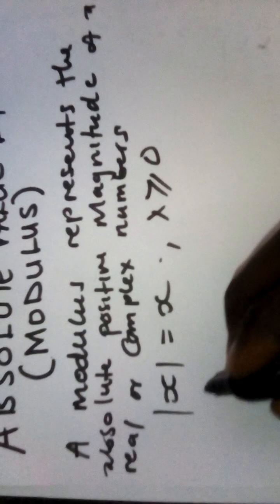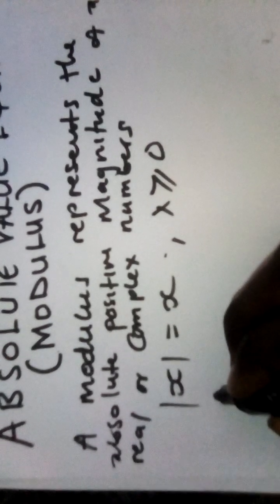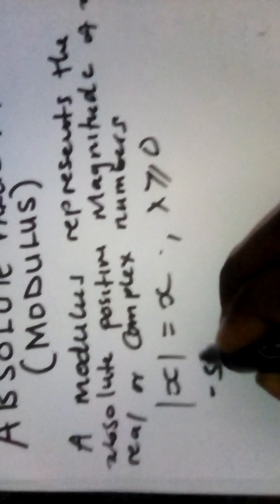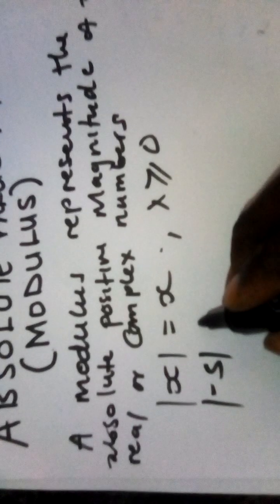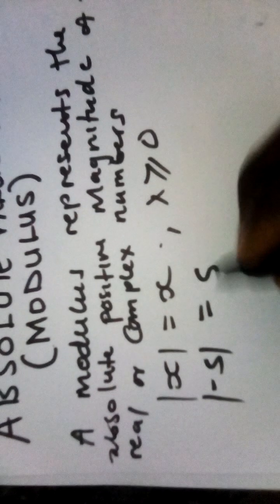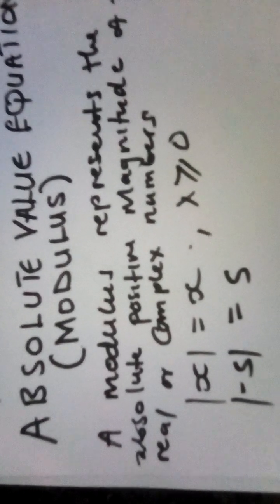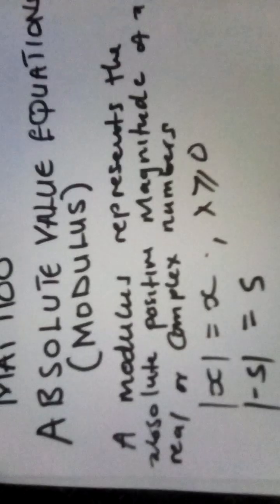What about the modulus or the absolute value of a negative number? Let's say the absolute value of -5. The absolute value of -5 is simply 5. Why?